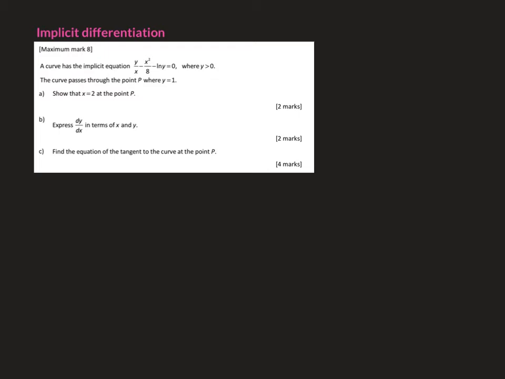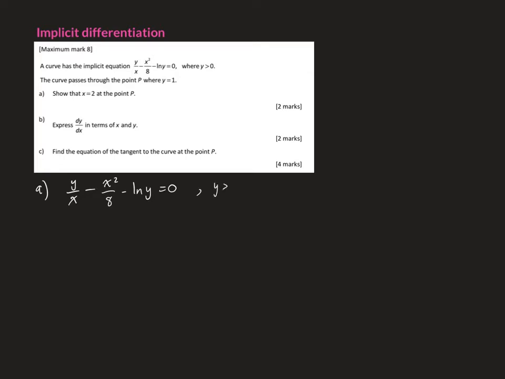So this question, although it's worded in a very different way, is quite similar to the first example that we did. To start with A, we need to find the value of x when we substitute y equals 1 in the original expression. So I'm just going to copy the original expression here: y over x minus x squared over 8 minus ln of y equals 0.